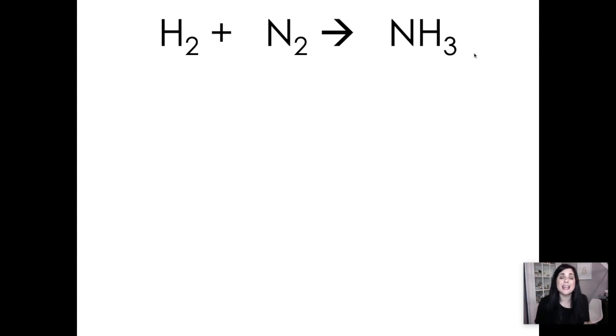I can't create a hydrogen atom out of nowhere. In the same way, I can't lose a nitrogen in this process. So we have to do something known as balancing this equation. And we balance equations by making sure that the number and type of each atom is the exact same on both sides by adding coefficients to the front of each of my formulas.